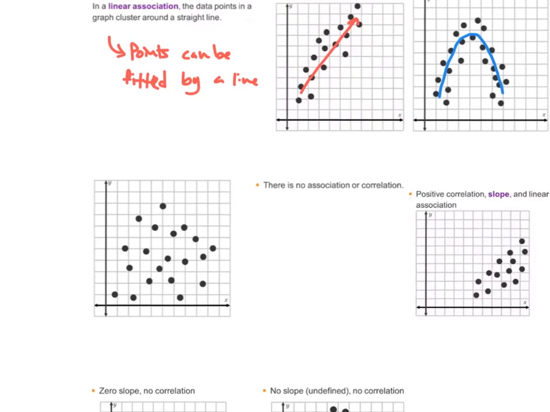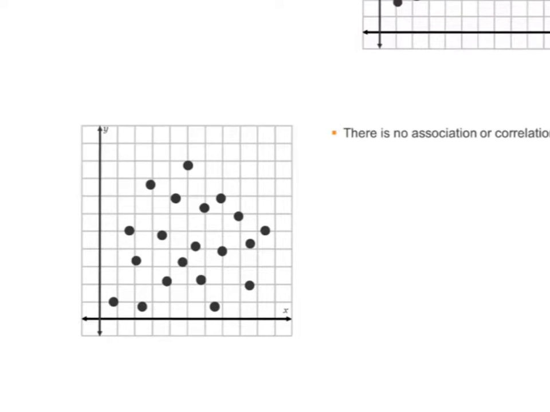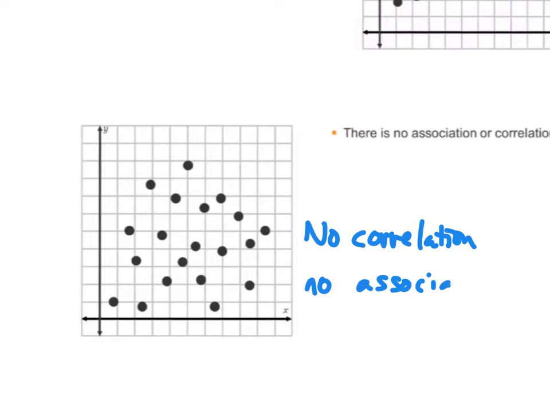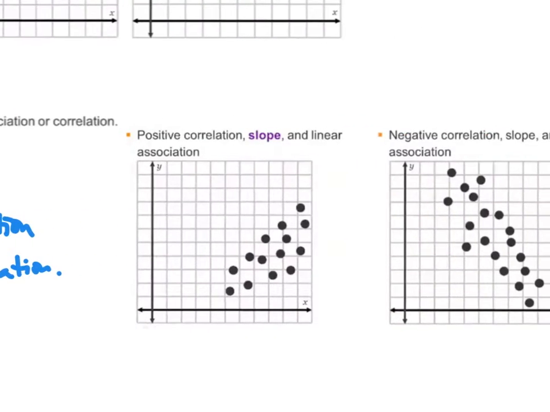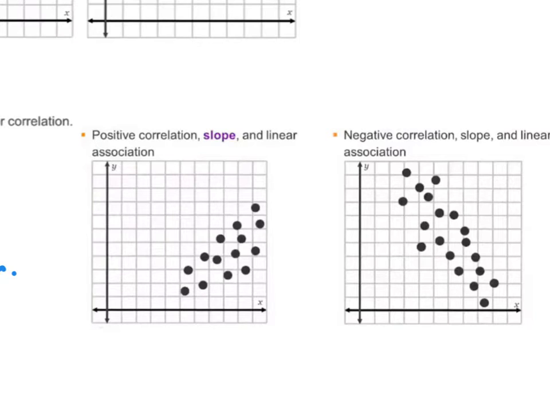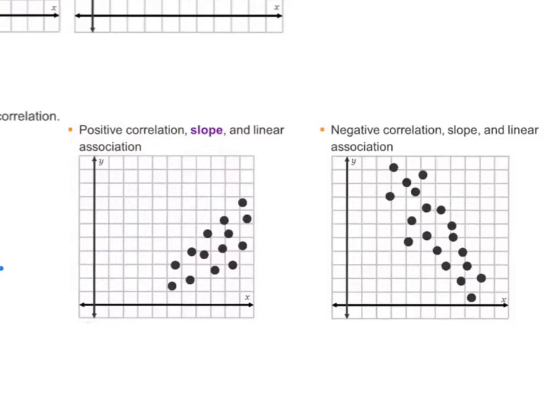Sometimes there is no association or correlation. So in this case, this has no correlation and no association. On the other one, this is something where we would have a positive correlation, and we can also call this the slope.